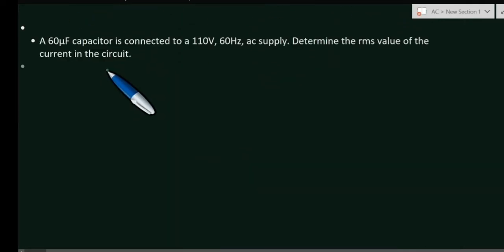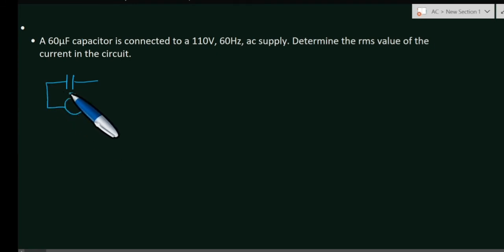A 60 microfarad capacitor is connected to 110 volt 60 Hz AC supply. Determine the RMS value of the current in the circuit. So what they have given, a 60 microfarad capacitor is connected to 110 volt AC supply.